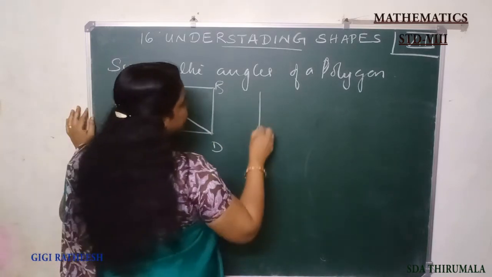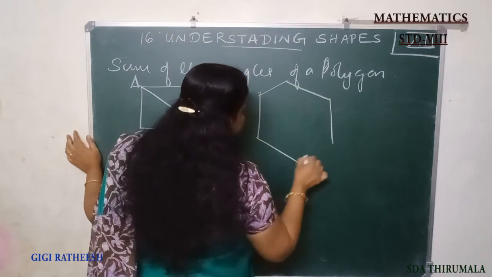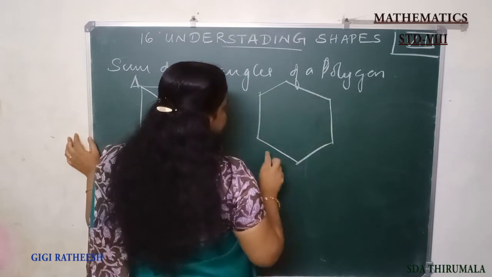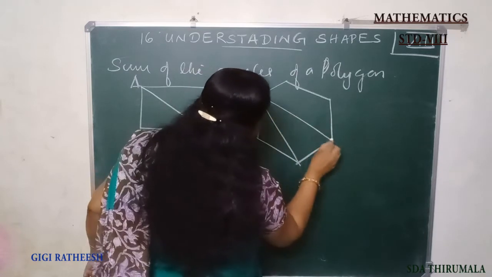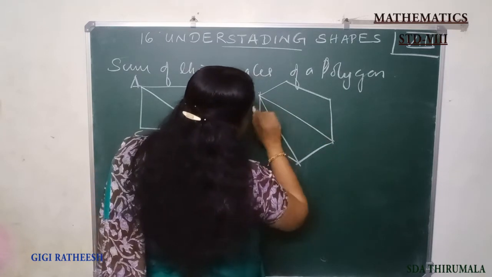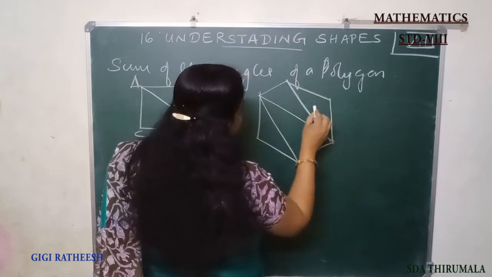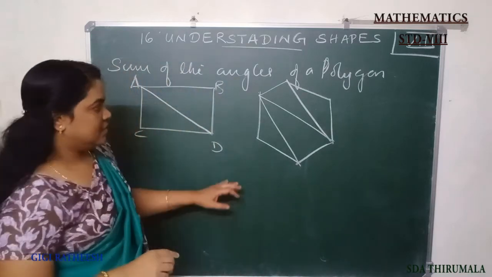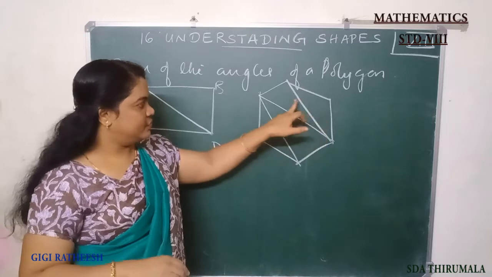And here also, and next polygon, this is with 1, 2, 3, 4, 5, 6. Here we draw three diagonals and we get 4 triangles.